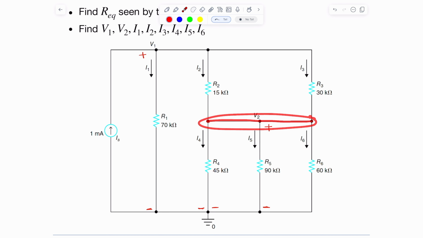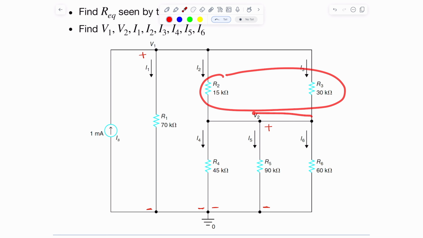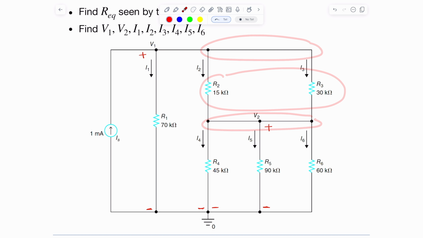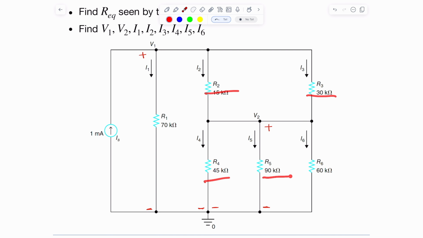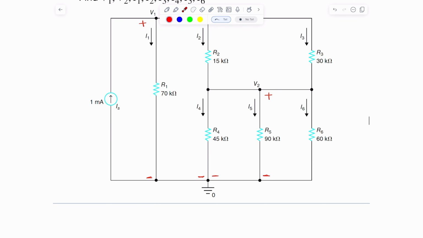So R4, R5, and R6 are connected in parallel. Similarly, R2 and R3 also share this pair of nodes, so they're also connected in parallel. And we can read the circuit so that it shows us this relationship.